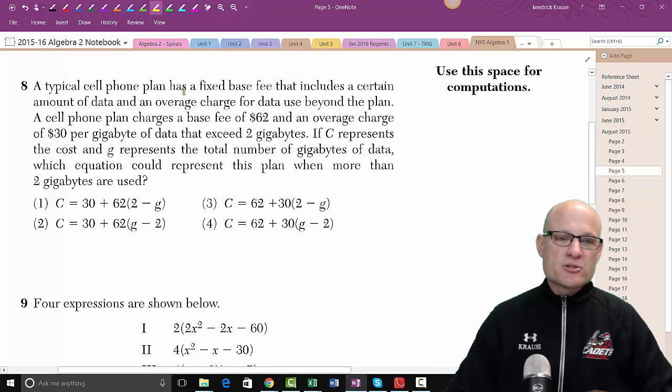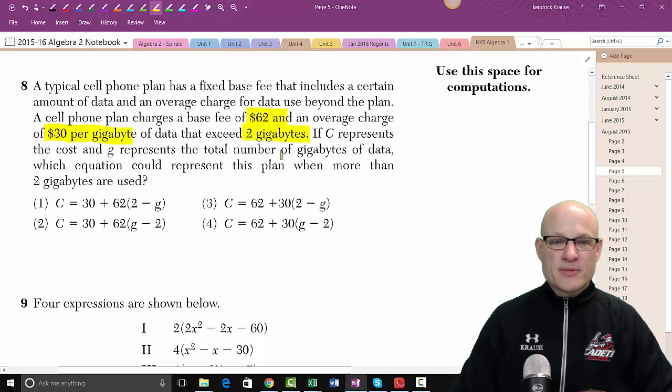A cell phone plan charges $62 and overcharges $30 per gig that exceeds 2 gigabytes. If C represents the cost and G represents the number of gigabytes, which equation could represent the plan?